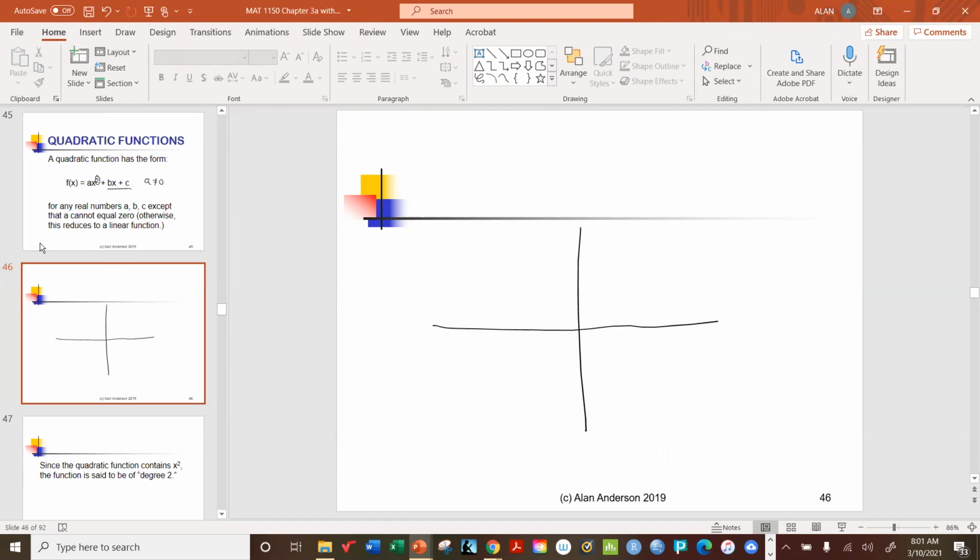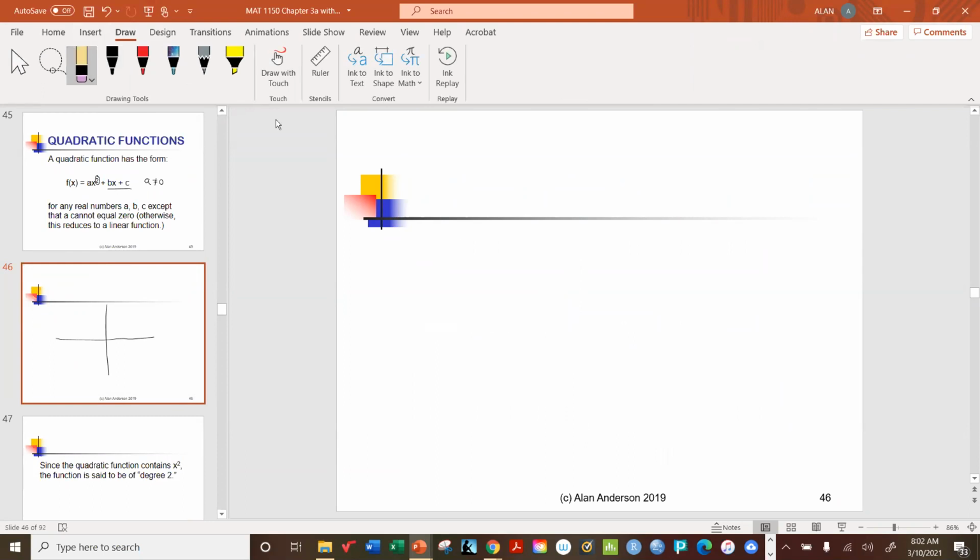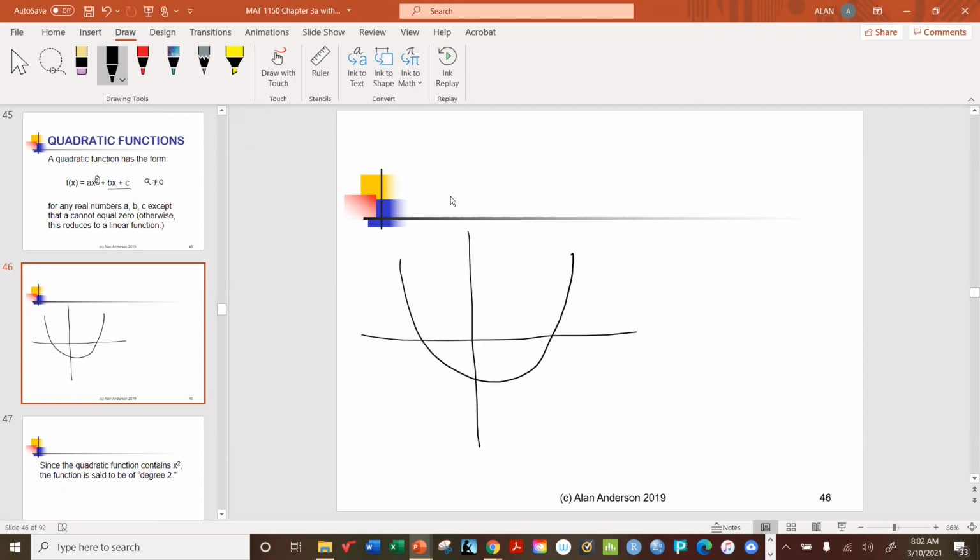Let's do 2 of them side by side so you can see them better. Under normal conditions, most of the time, you'll end up with a parabola, which represents a quadratic function, and it crosses the horizontal axis at 2 different points. And those are the 2 solutions.